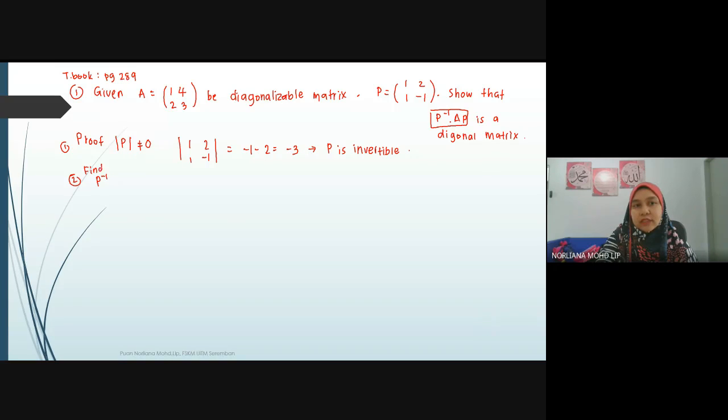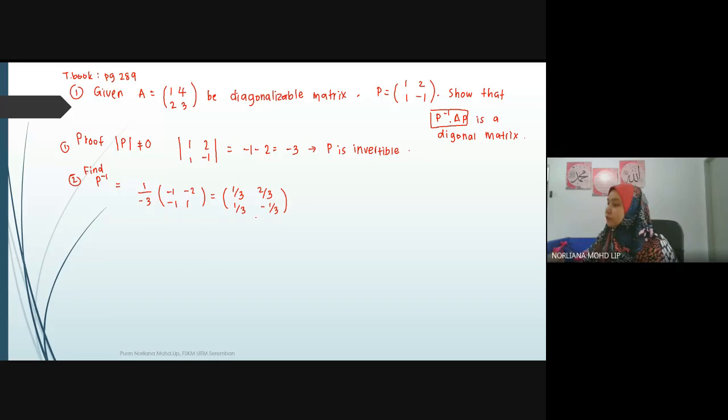Find P inverse. So P inverse equal to 1 over determinant kan. So negative 1, 1, negative 2, negative 1. So akan dapat 1 over 3, 2 over 3, 2 over 3 and negative 1 over 3.